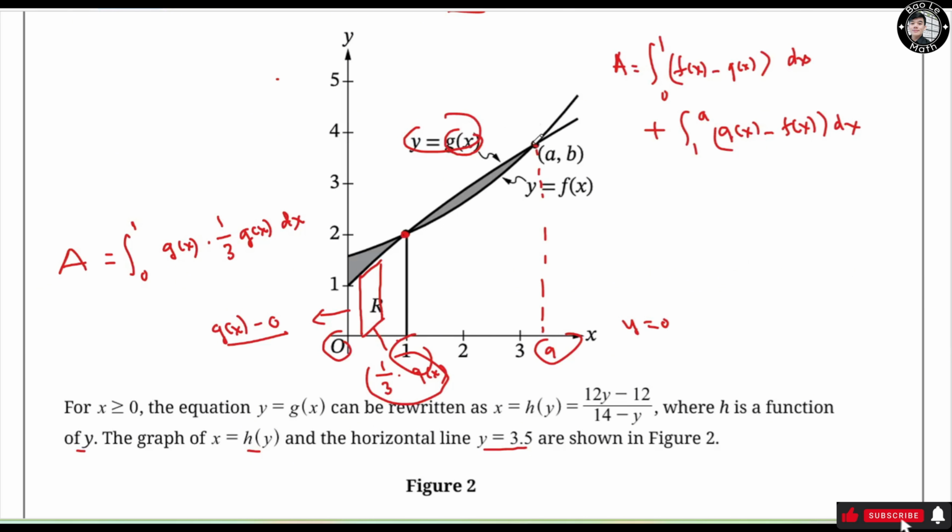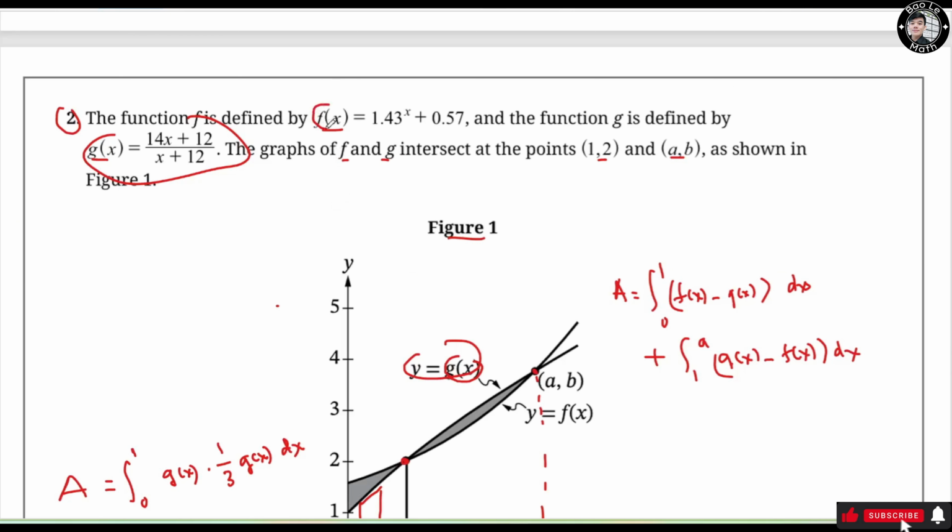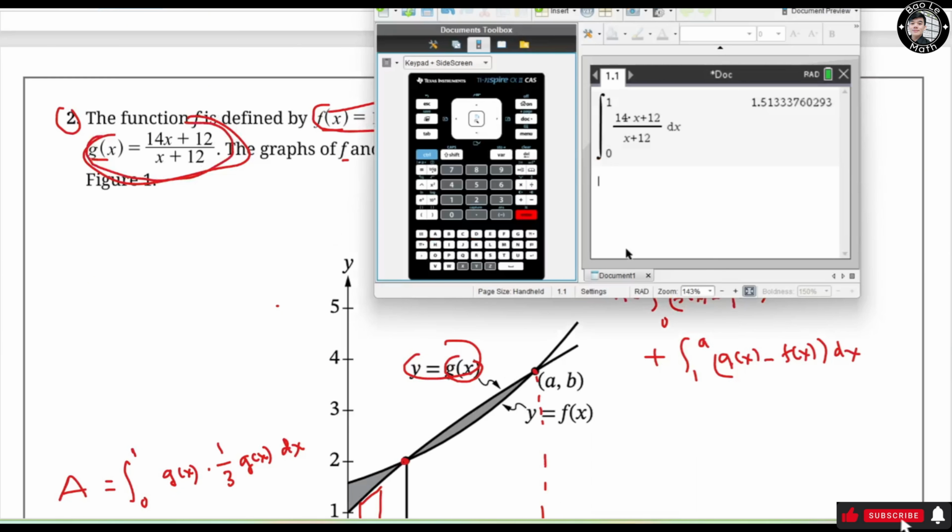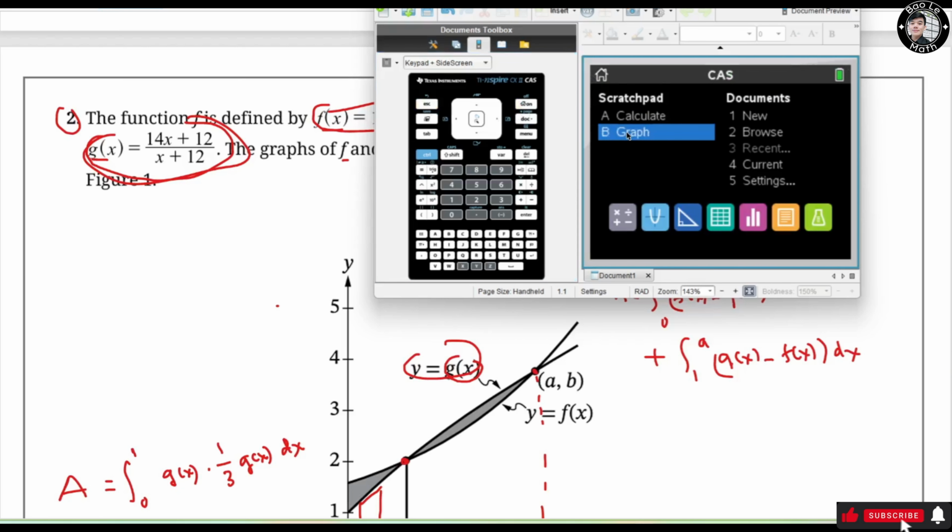Now we need to find the intersection. We have the function f of x and the function g of x, so we're going to use the calculator to find the intersection. Home screen, go to graph.